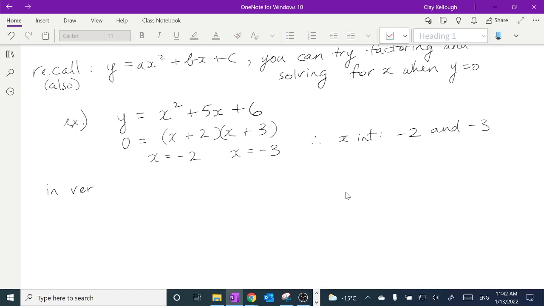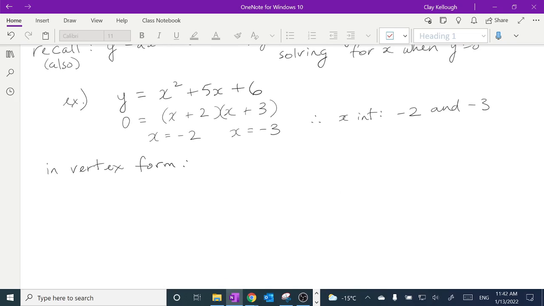In vertex form, for example, let's say we had y is equal to negative 2 times (x minus 3) squared plus 18. Where does that cross the x-axis?